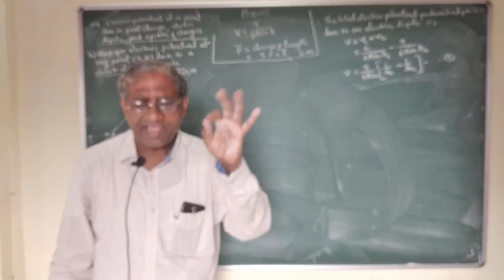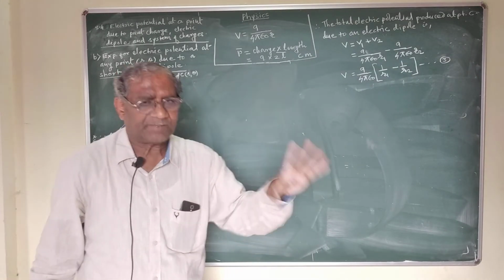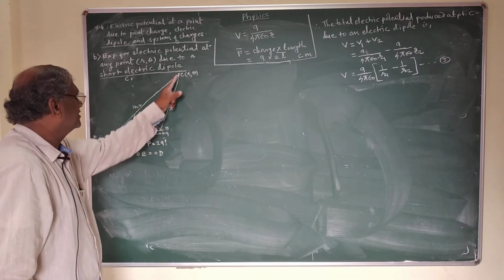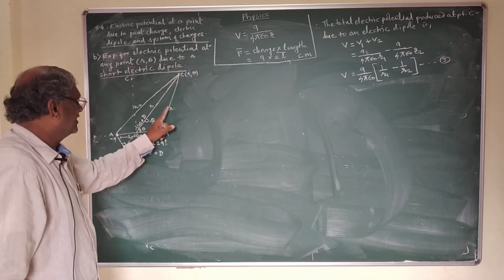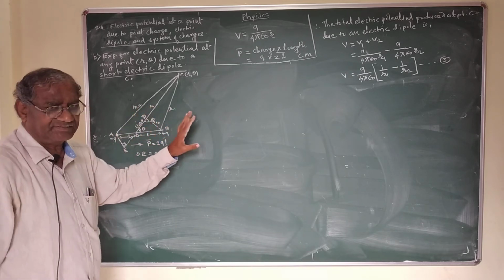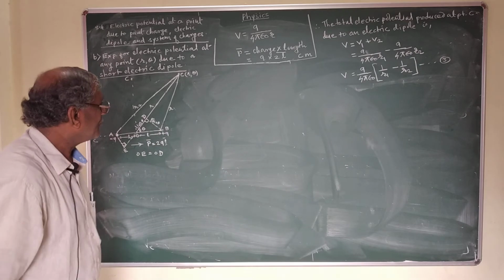This is our aim. For this purpose, join CB, join CA; R1, R2 and R are the notation.